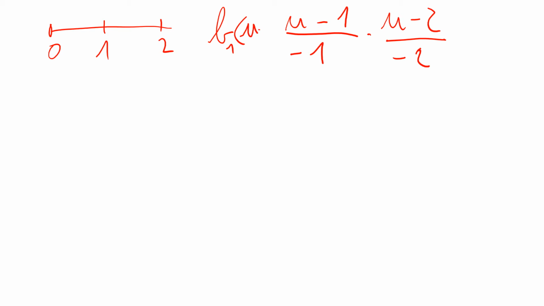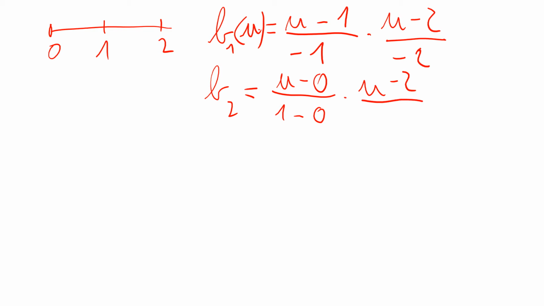This is our first B1 u blending function. The B2 blending function will be equal to u minus 0 over 1 minus 0 times u minus 2 over 1 minus 2, which is equal to u times u minus 2, and this will be minus 1.